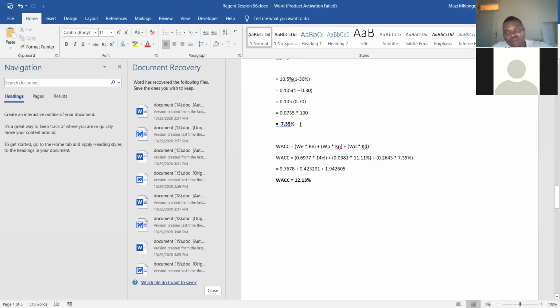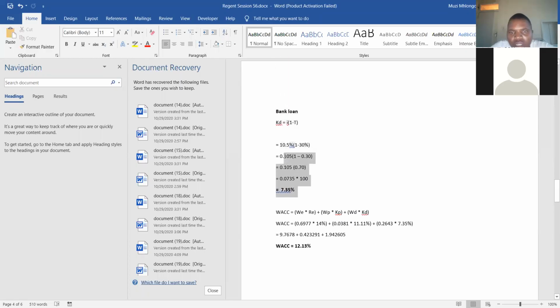You are done with stage number 2 of calculating the weighted average cost of capital, and this is the final stage whereby now you are calculating the weighted average cost of capital.